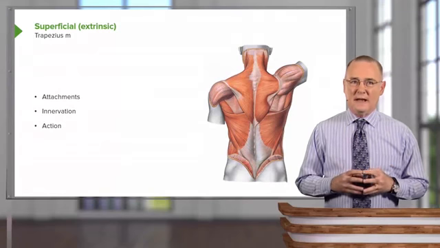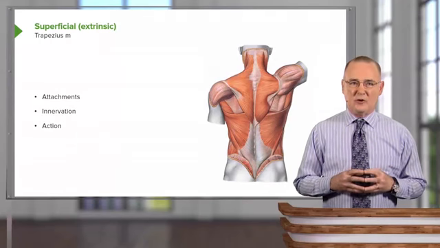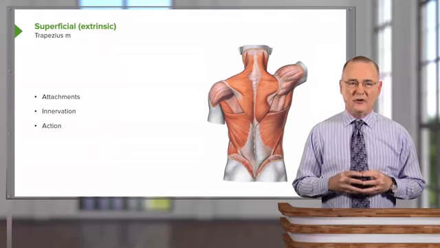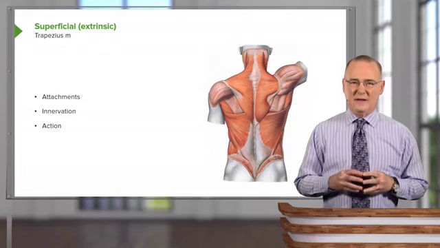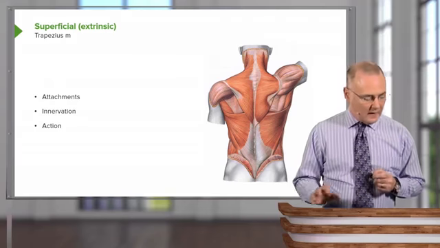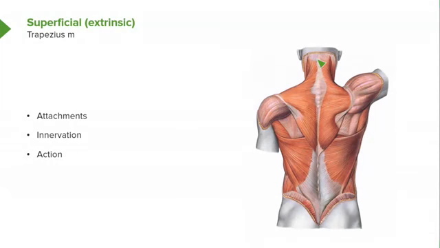Now let's take a look at each one of these superficial muscles, and we'll want to understand attachments, innervation, as well as associated actions. We're looking at the trapezius. It has multiple points of origin. It's going to attach to a prominent projection on the occipital bone called the external occipital protuberance.